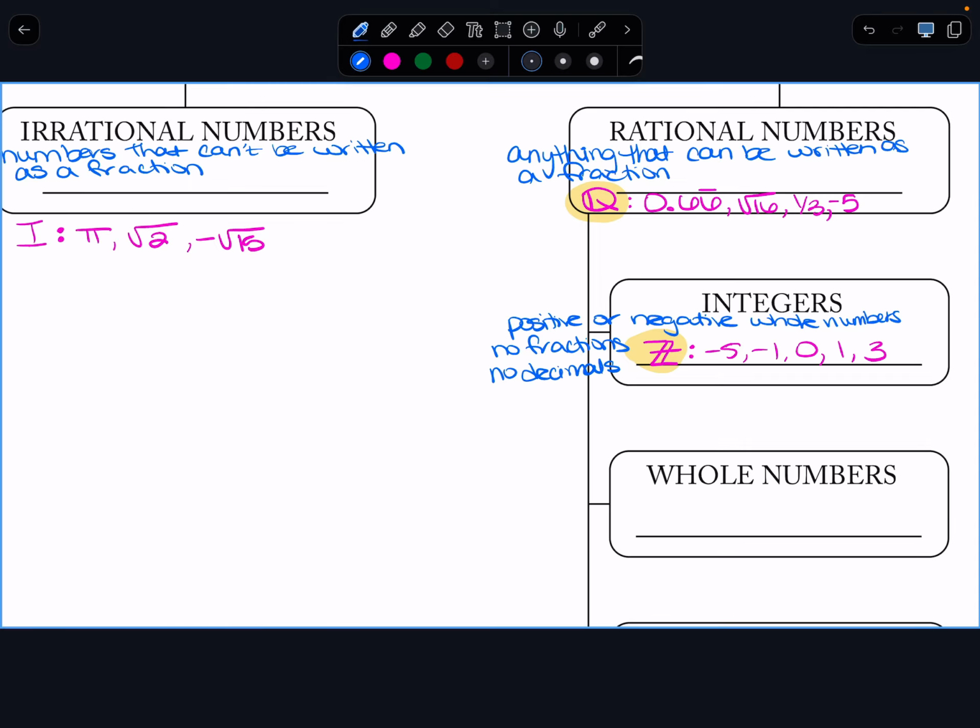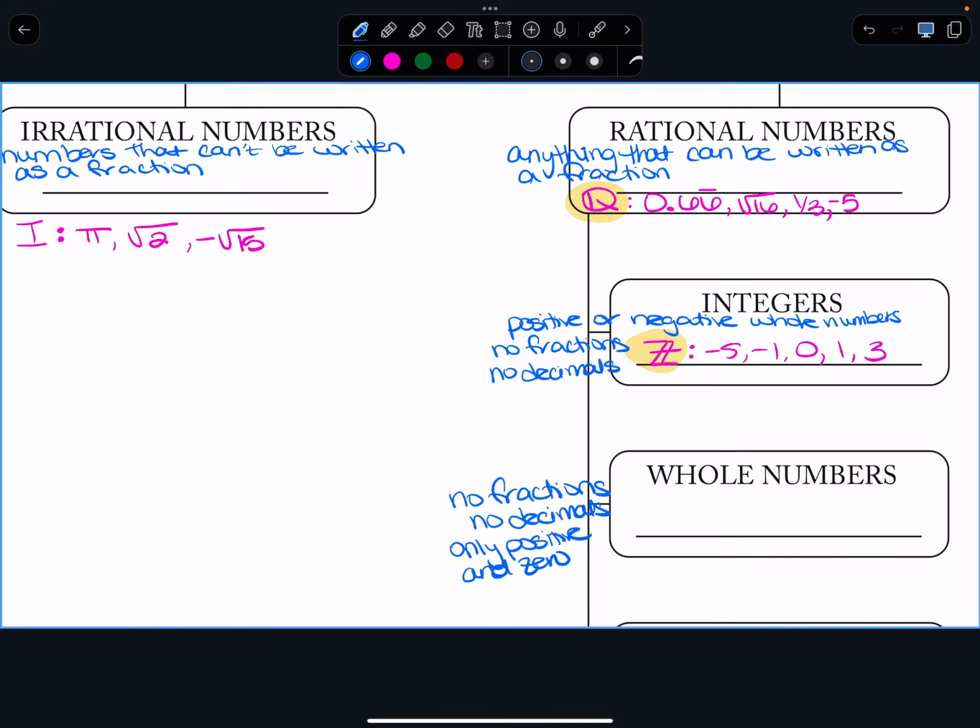Okay, so whole numbers are whole, not fractions. No fractions, no decimals, only positive, and 0.